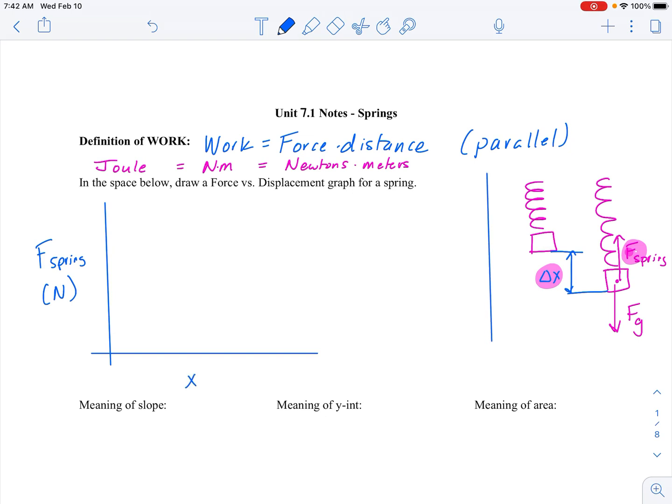So in this situation, if I had a vertical spring, I would create a number line, and I would use that number line to determine my delta x. And what we see is that there's a linear relationship between force and stretch for a spring.